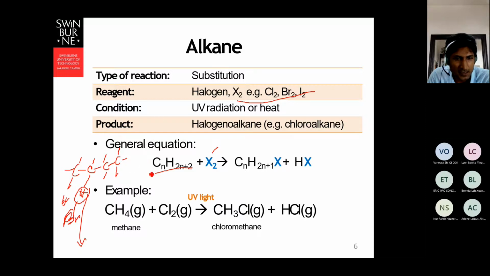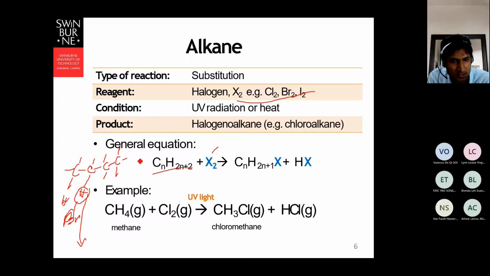But this reaction is not occurring as it is. Automatically, you have to have some UV light or heat. If this methane and chlorine are in a box or in a reactor and kept in the dark for a long time, there will be no reaction.